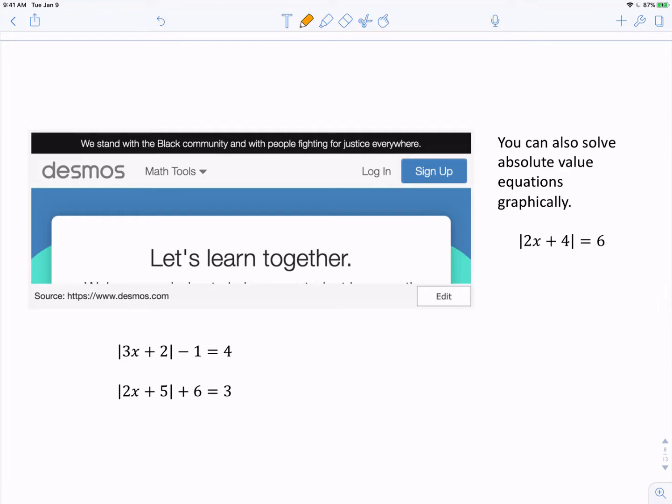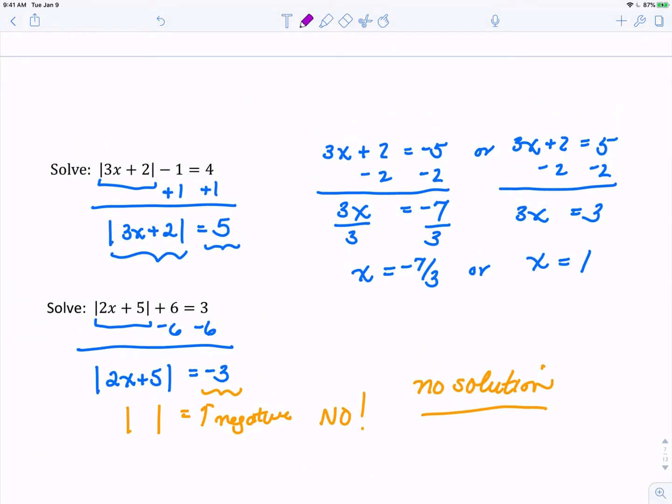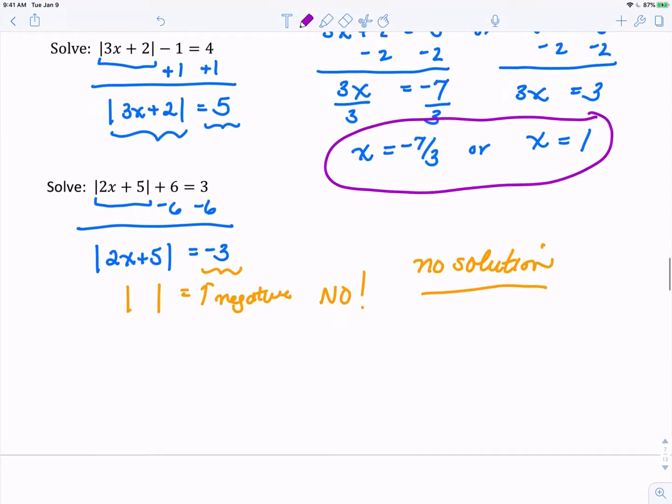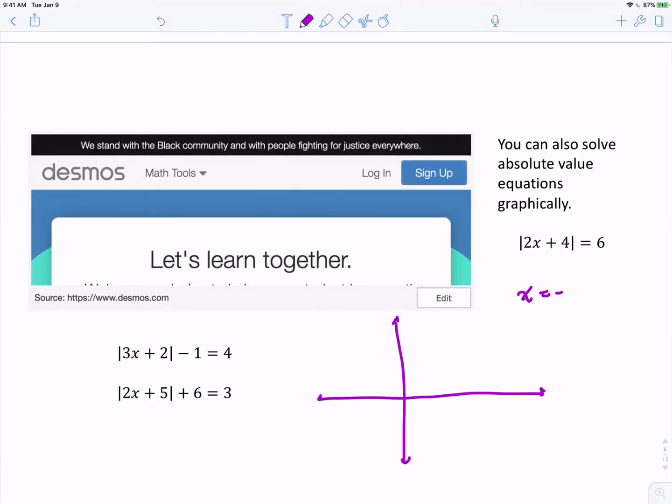Now, you can also solve them graphically, so you might take a moment on Desmos to graph the last two equations. When you're solving an absolute value equation graphically, this is what you're looking for. Remember that absolute value equations have a V shape. Let's take a look at our last example that had a solution. Our two solutions were x equal to -7/3 and x equal to 1.